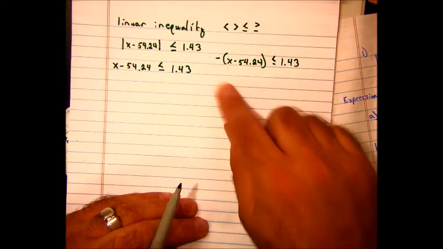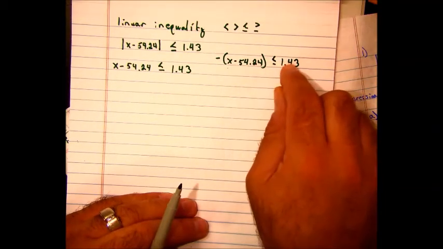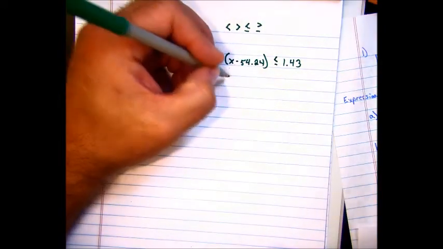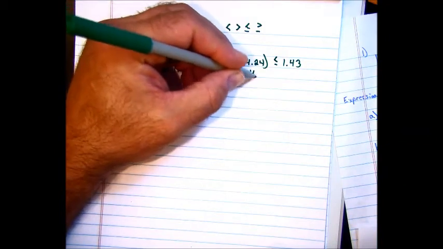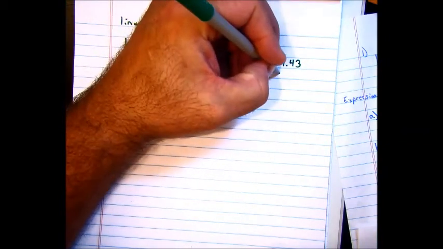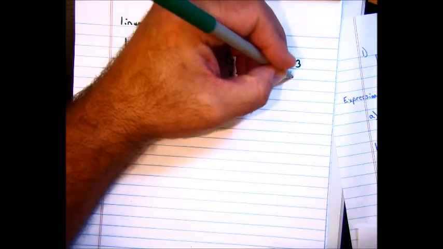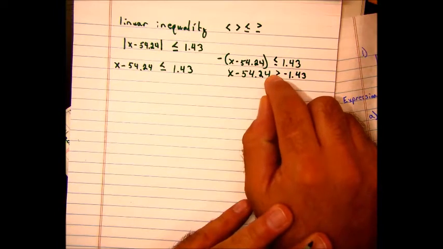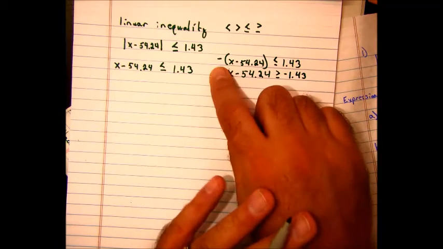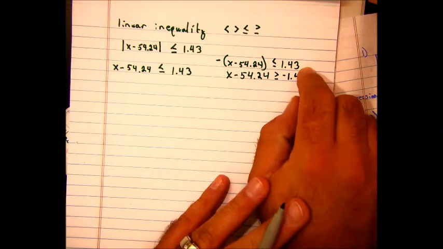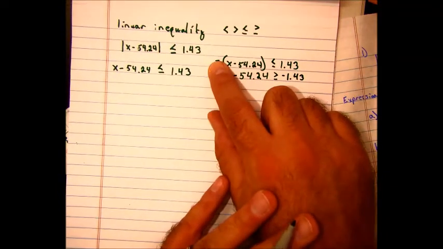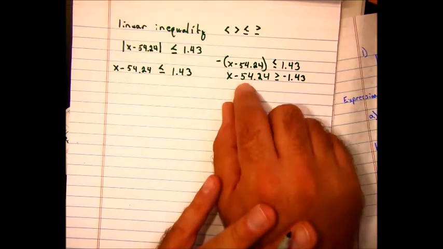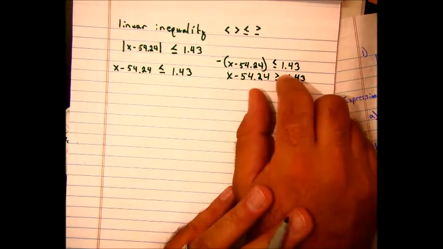When you're doing inequalities, if you change this sign, what happens to this inequality? It has to flip. So it would be x minus 54.24 is greater than or equal to negative 1.43. Notice, this sign changes, so this sign changes. If I write it like this, all the signs would change. If you know it from the beginning, all you have to do is change this sign and this sign.